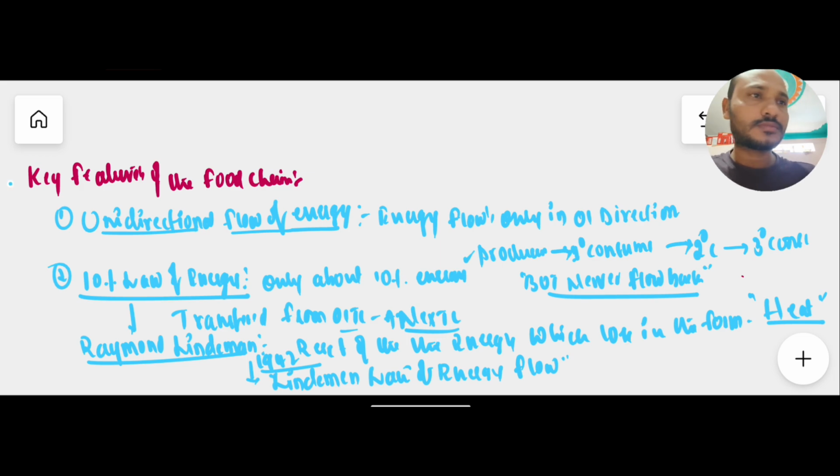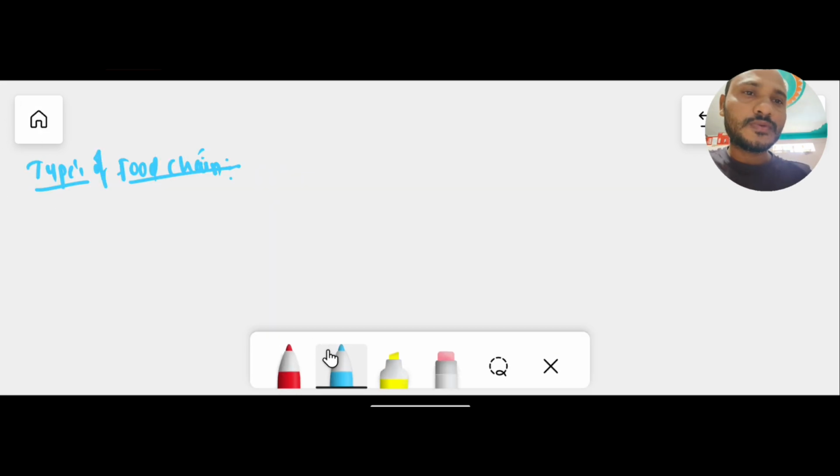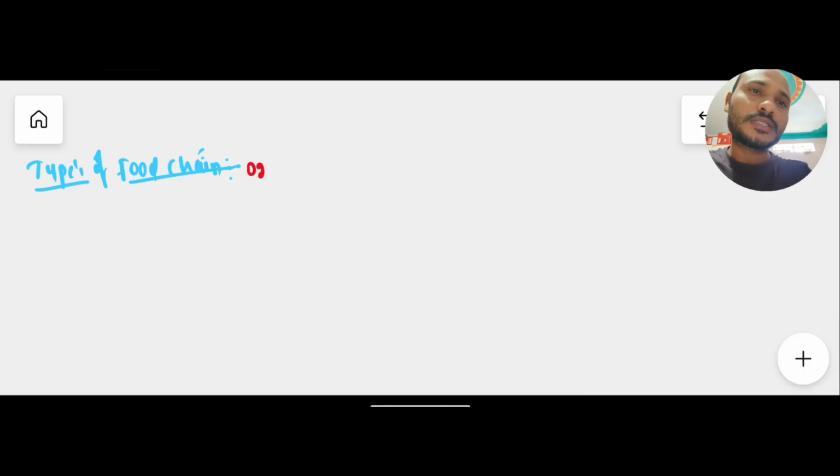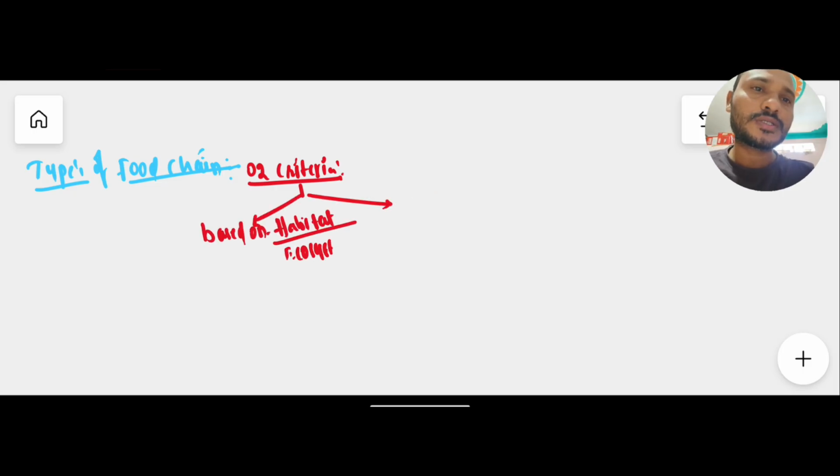Now we move on to types of food chains. Generally, food chains are classified based on two criteria: based on habitat or ecosystem, and based on source of energy.